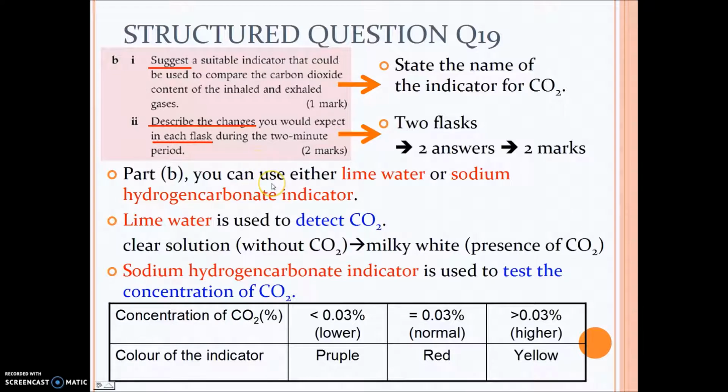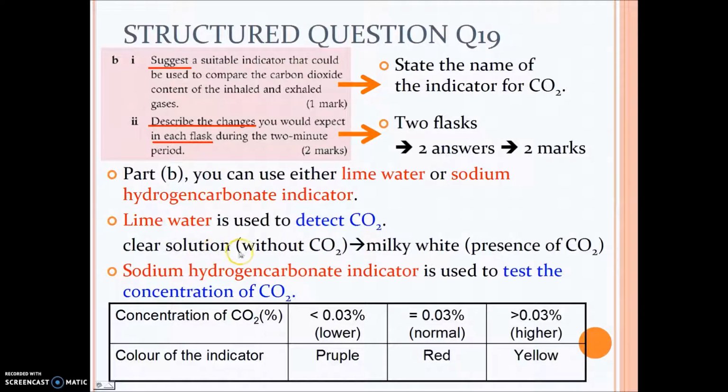When you were in Form 1 or Form 2, you may have studied lime water or sodium hydrogen carbonate indicator. Let me remind you how they work. Lime water is used to detect carbon dioxide.